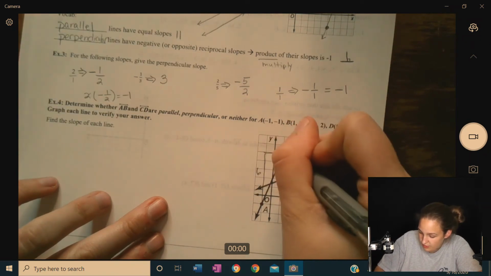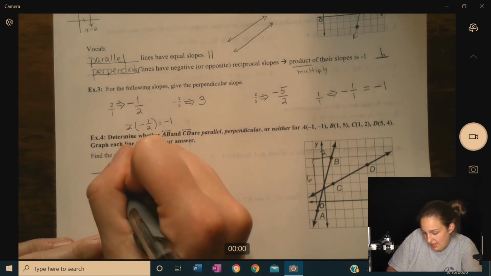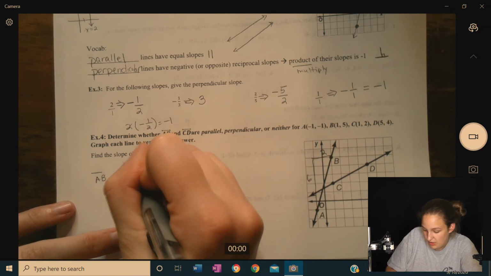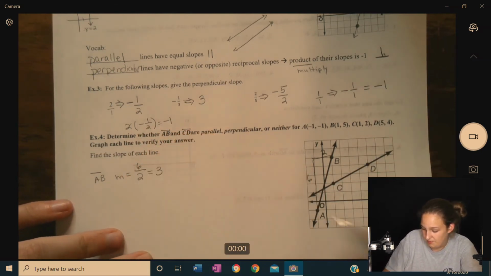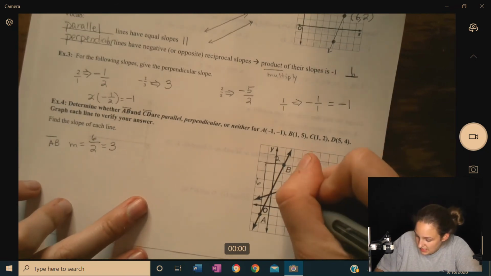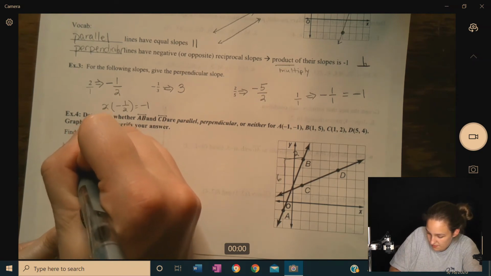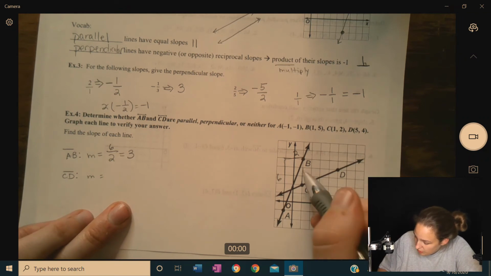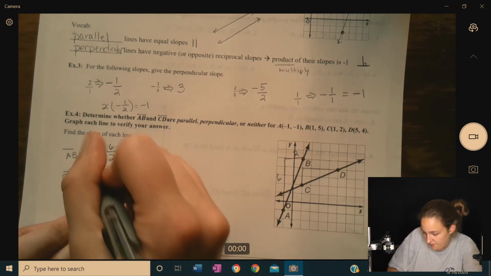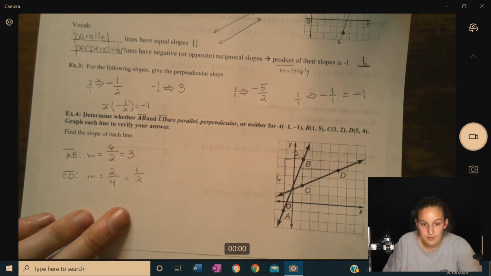You go up 6 over 2, which means that AB has a slope of 6 over 2, which is just equal to 3. For CD, the slope is going to be up 2 over 1, 2, 3, 4. So up 2 over 4, which simplifies to 1/2.